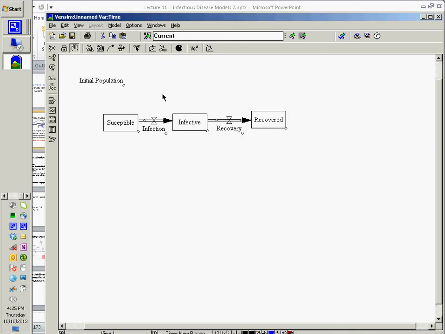Kurt, you had a question? I did, yeah. When I draw a causal arrow between the initial population and susceptible, it disappears. Indeed. This is one of the quirks of Vensim. The quirk is that, in general, when you have a formula for a given variable that depends on other variables, it not only generally supports but requires you to draw a line for dependency.